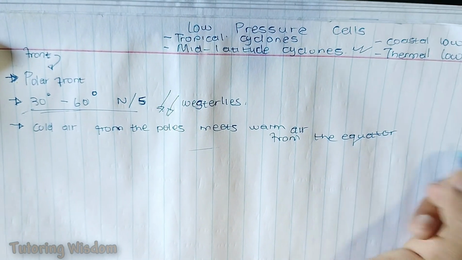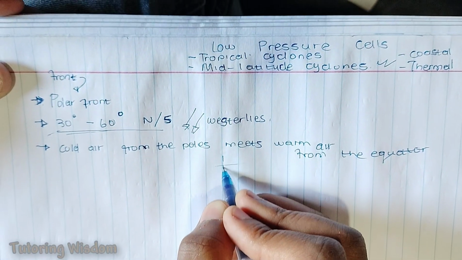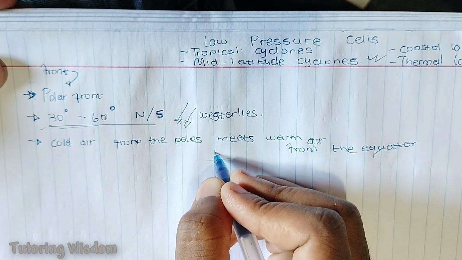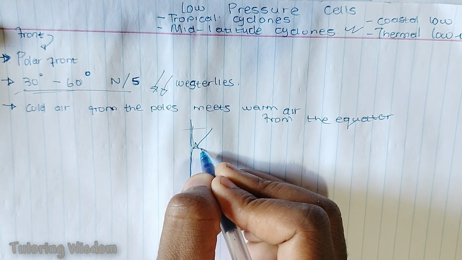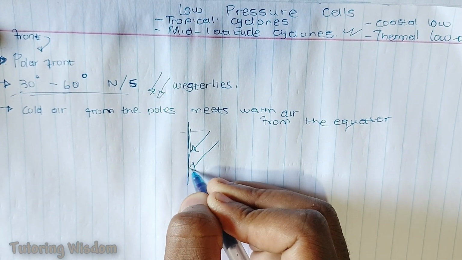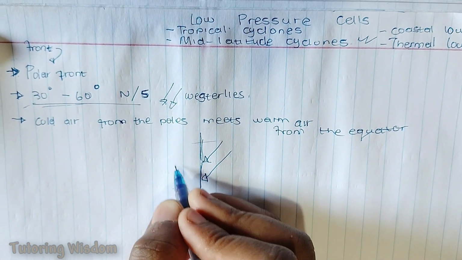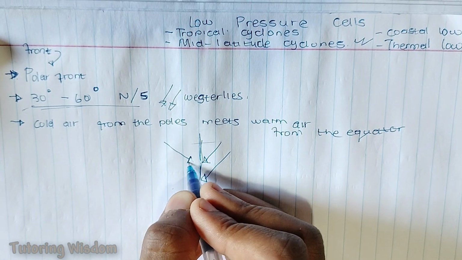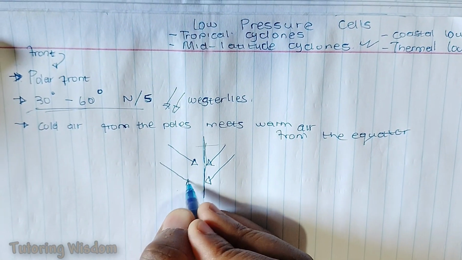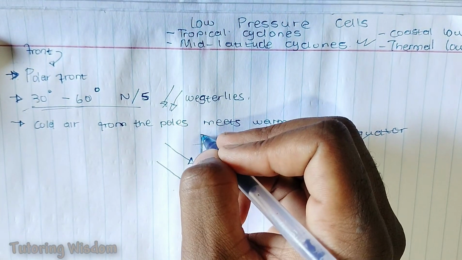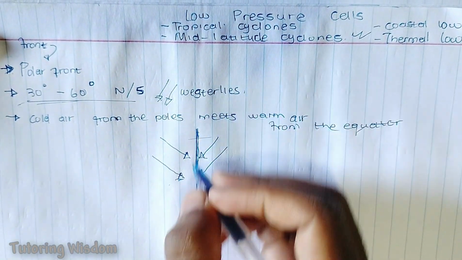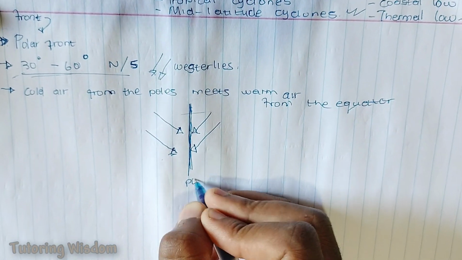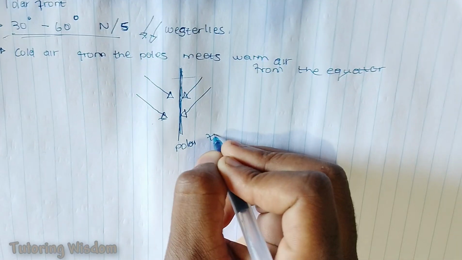Now this is how it will look. This is your front. On either side of your front we have your cold air and your warm air. These two meet at this front. Where they meet, they form a front, which we call your polar front.